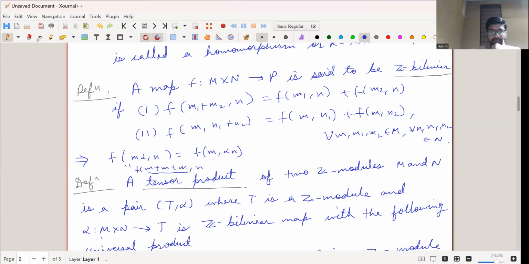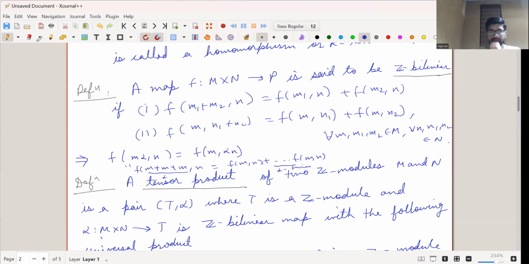This happens alpha many times, and as this is equal to f(m, n) plus f(m, n), that is alpha times f(m, n).